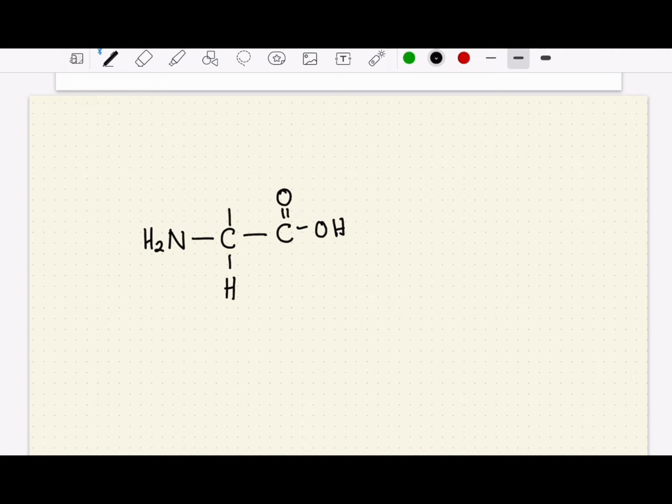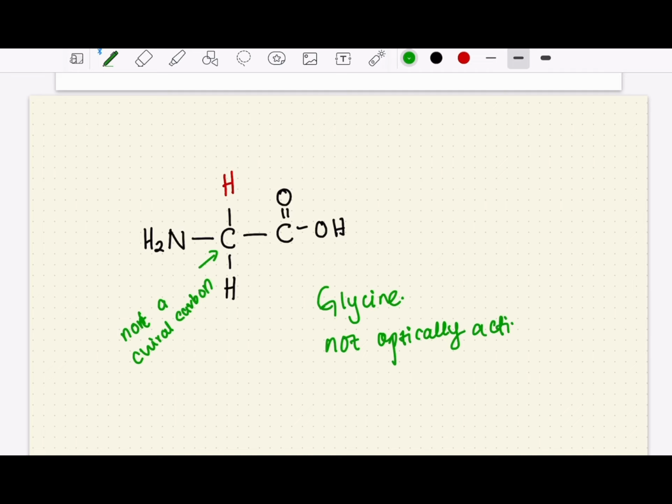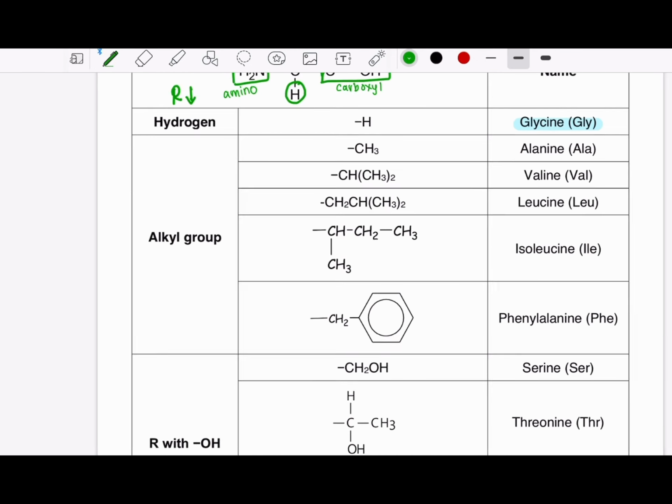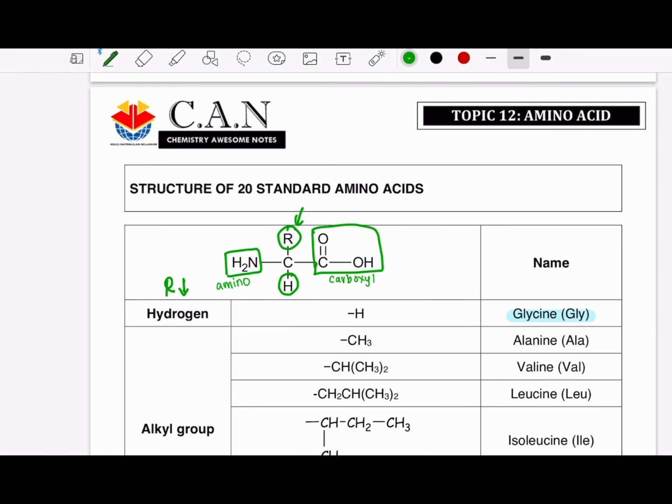Now, if your R here is replaced by another H, you can see that this carbon is no longer a chiral carbon. So this is glycine. Glycine is not optically active because it has no chiral carbon. But the rest of the amino acids are optically active.